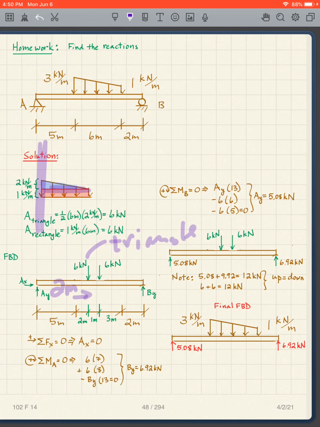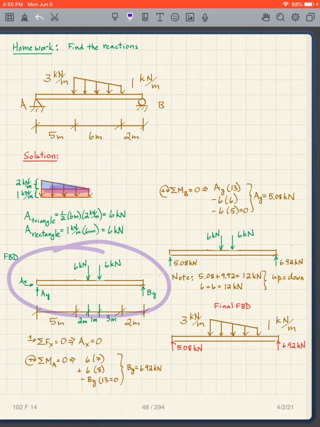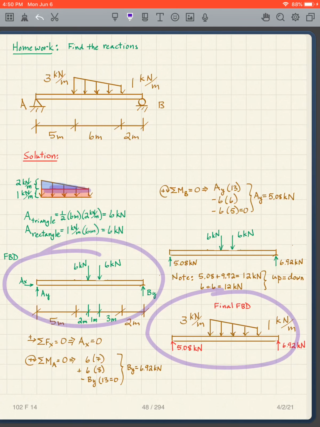And the other one is 3 meters from this side over here, because it's 1/2 of 6, and so it's put there. Again, by now this should be a trivial problem for you to solve, so we solve this one, but our final free body diagram looks like that.